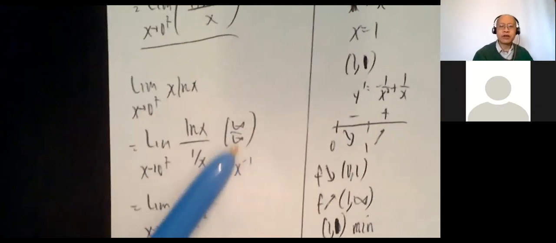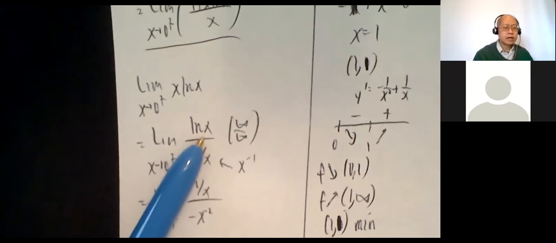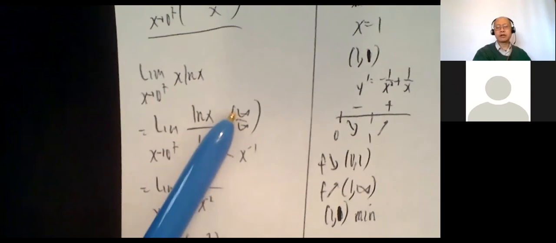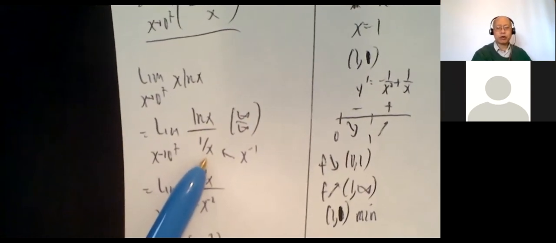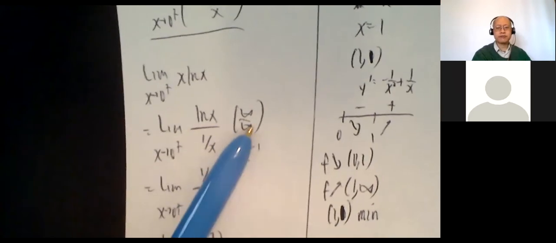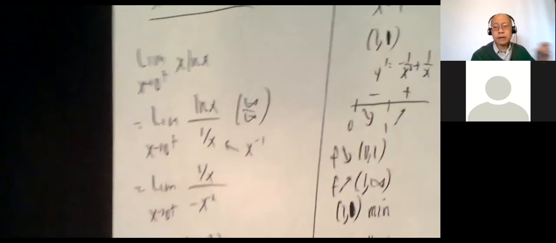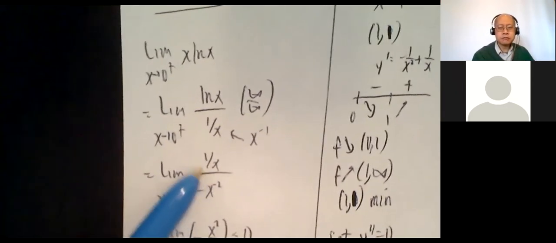Okay, and now I have infinity over infinity. Okay, when x approaches 0 from the right, natural log function drops to negative infinity. It's okay, you can still write infinity. It's allowed. And when I plug in 0.001, that also approaches infinity. So it is infinity over infinity. So L'Hopital's rule applies. Derivative of the top is 1 over x.